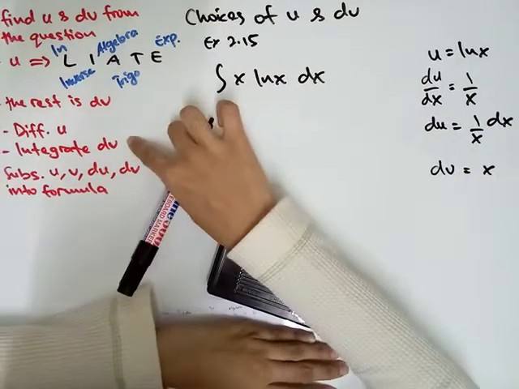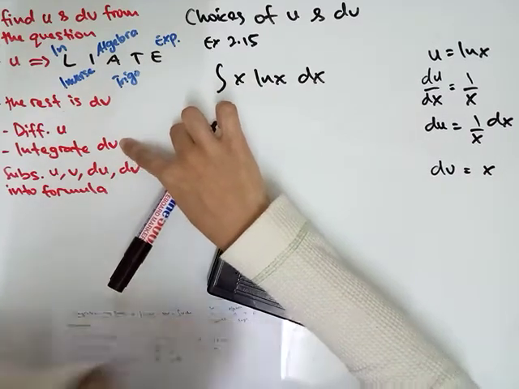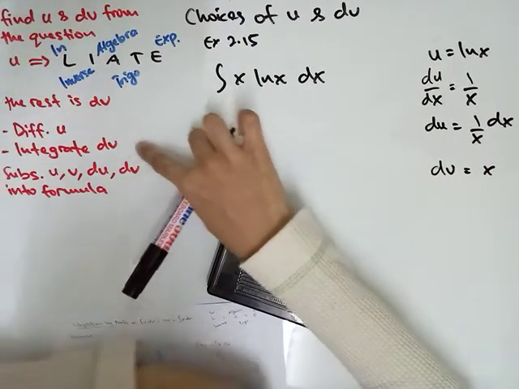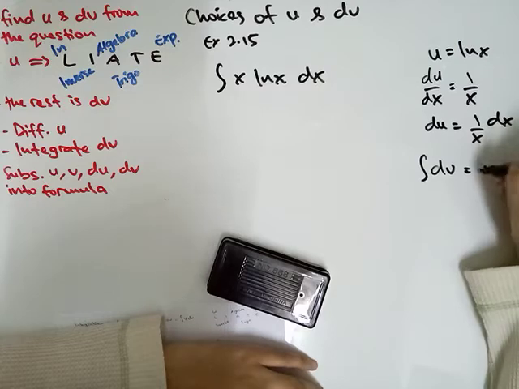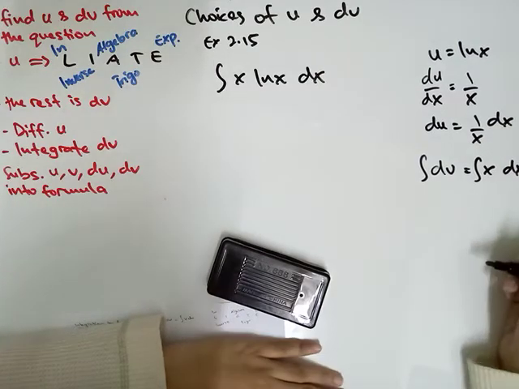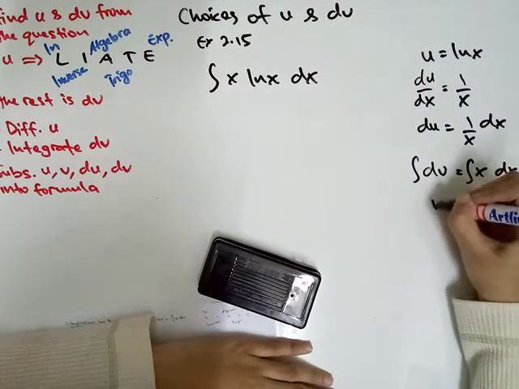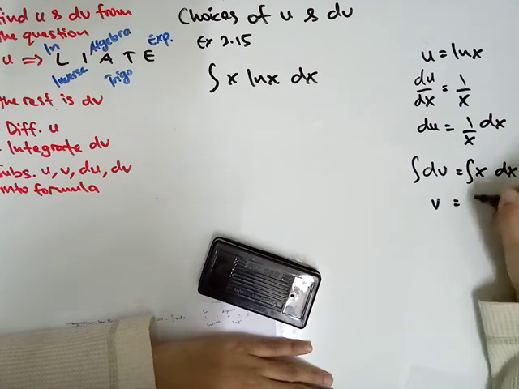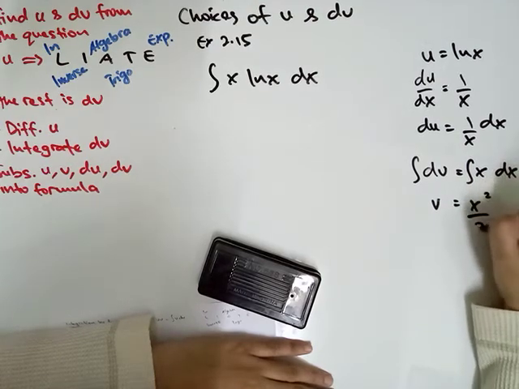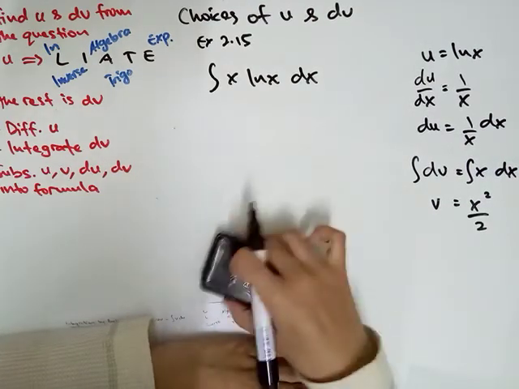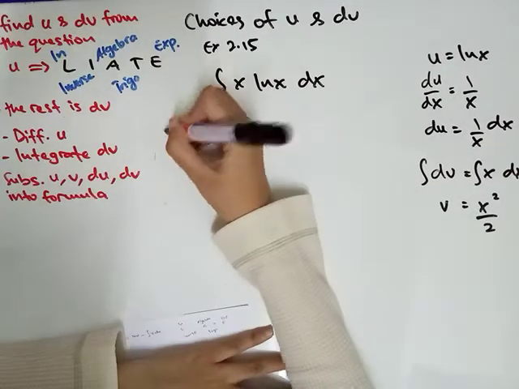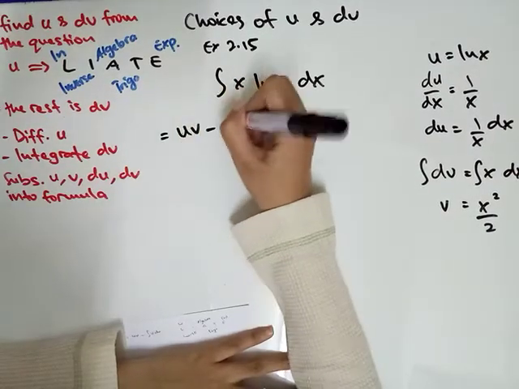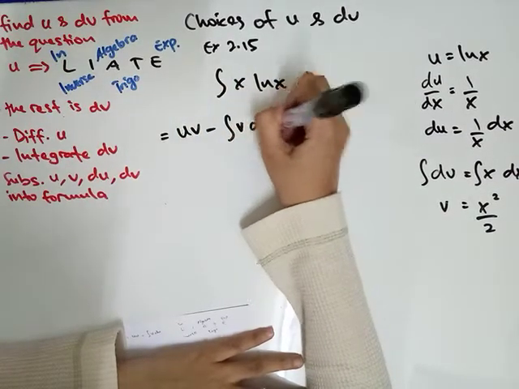For dv, you need to integrate. Dah nampak tak? Integrate dv, we get v. Integrate x, we get x square over 2, right? And then substitute into formula uv minus integrate v du.